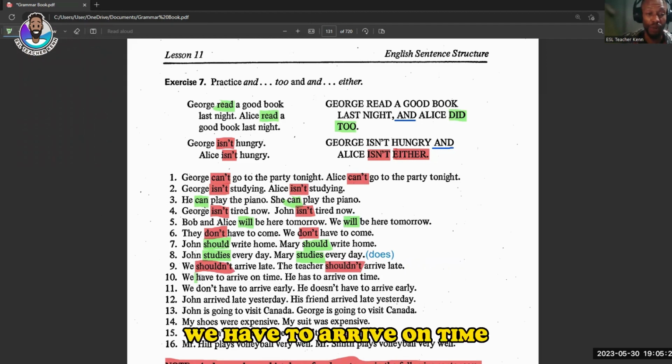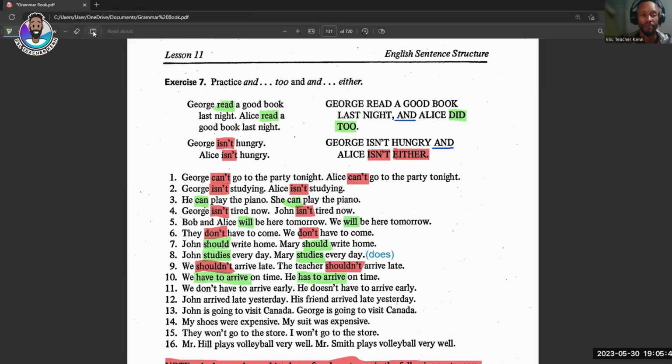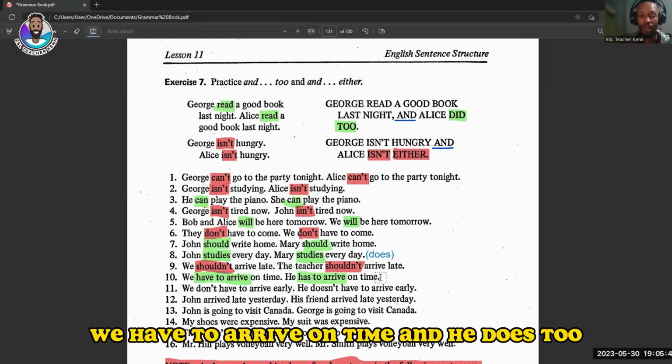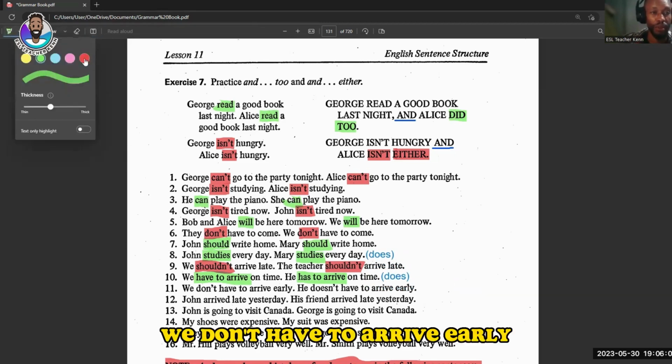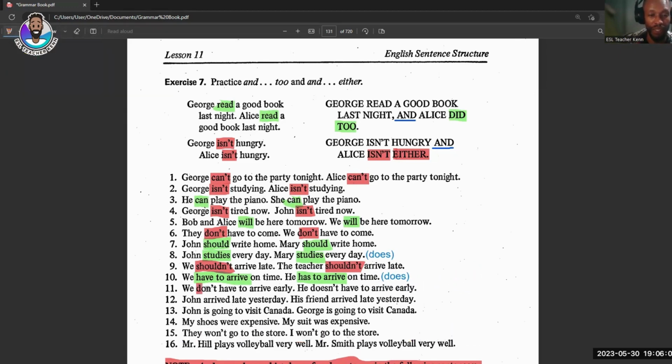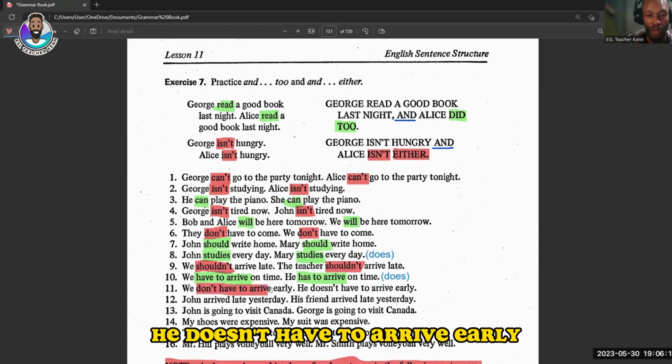We have to arrive on time. He has to arrive on time. We have to arrive on time, and he does too. We don't have to arrive early. He doesn't have to arrive early.